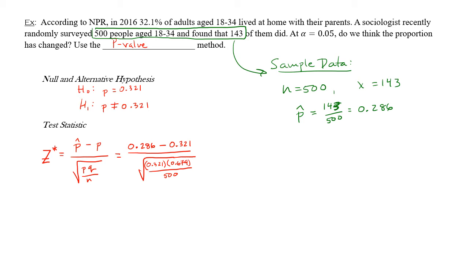Again, I have to be careful when entering this into my calculator not to forget that we need to group those two terms in the numerator. Okay, and you should get a value of negative 1.67. I'll go out to 3 decimals here.